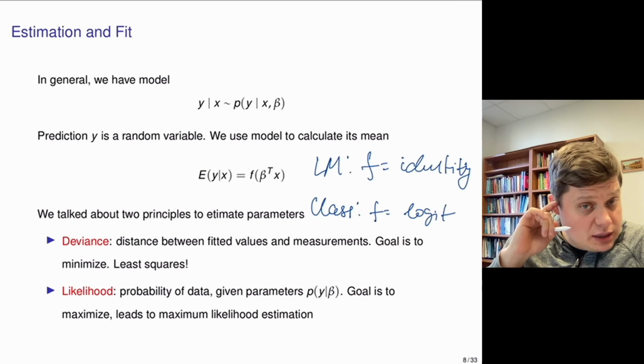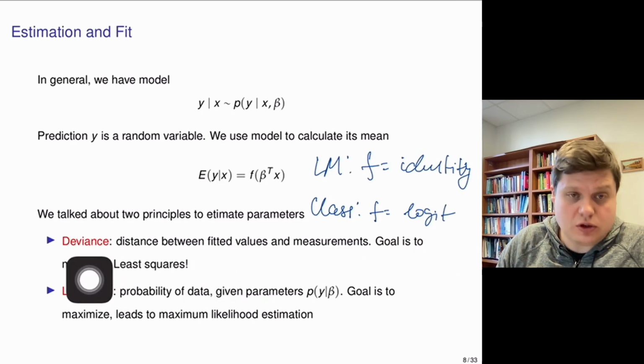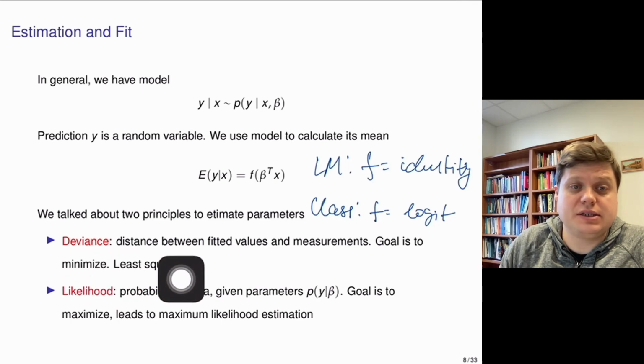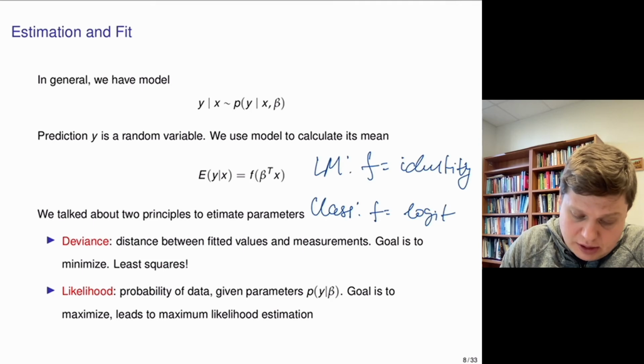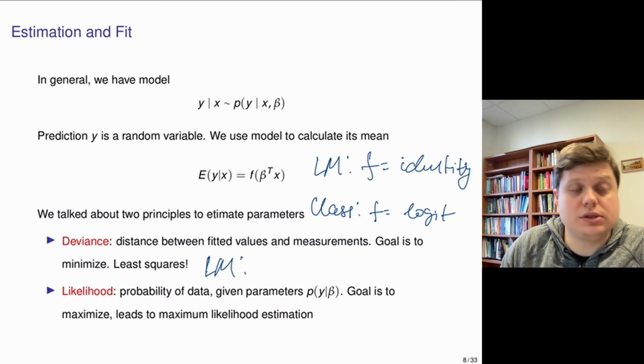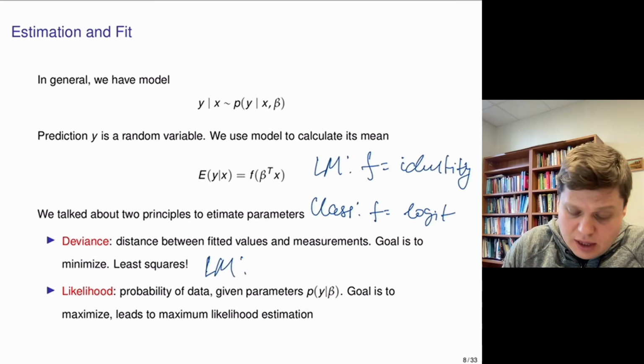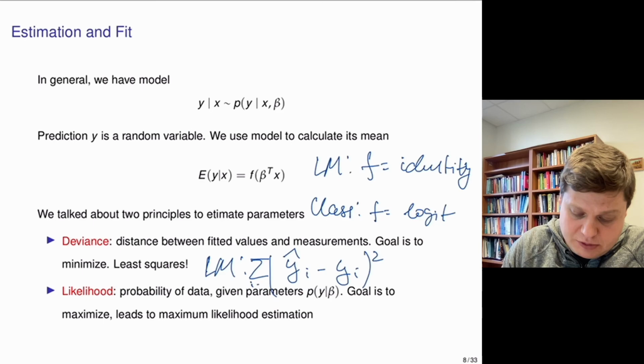Okay, and then we're going to talk about a couple of things. We're going to talk about deviance. Deviance is the distance between fitted values and measurements. And you remember in the linear model case, we used the principle of least squares, and we tried to minimize the distance between predicted observations y hat minus observed ones, and we squared those, so those are residuals squared, and then we sum up those residuals and we try to minimize that.